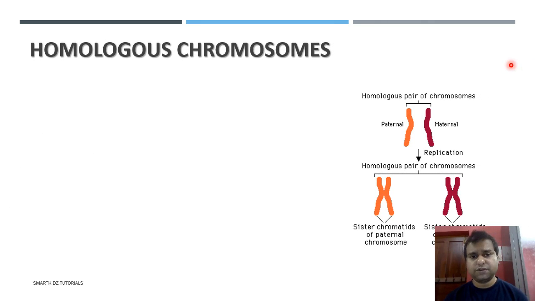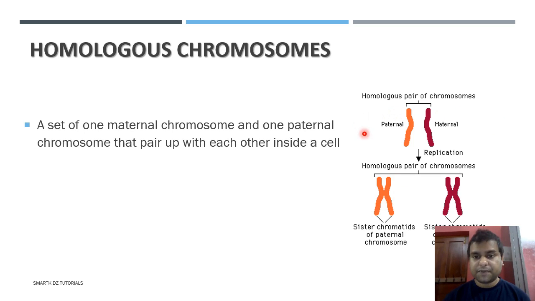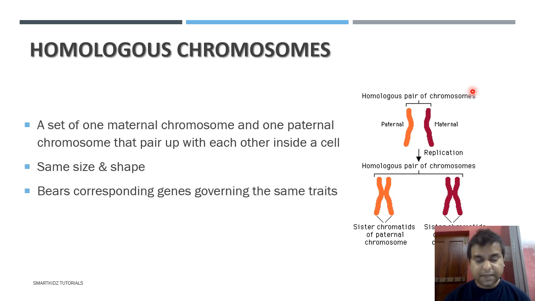What are homologous chromosomes? We have something called homologous chromosomes and heterologous chromosomes. Homologous chromosomes, as you see in this diagram, have the same size and shape, and the genes present on these chromosomes are the same, but they come from different parents. So if gene 1 comes from the mother, gene 1 from the father will also code for the same characteristics.